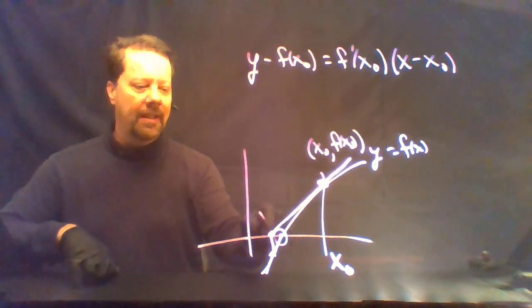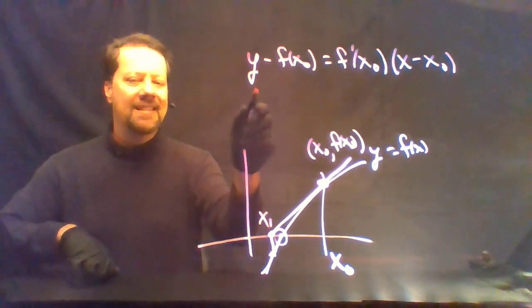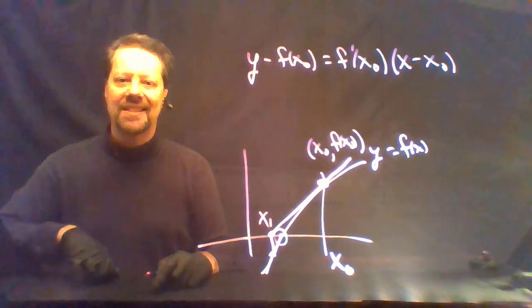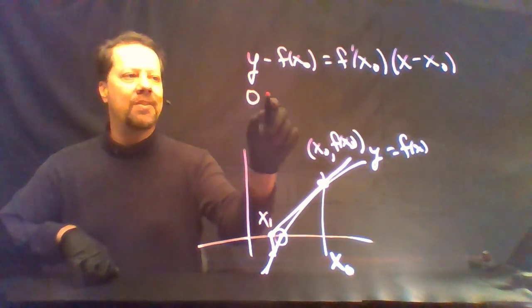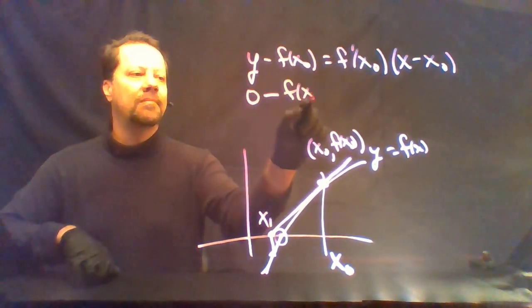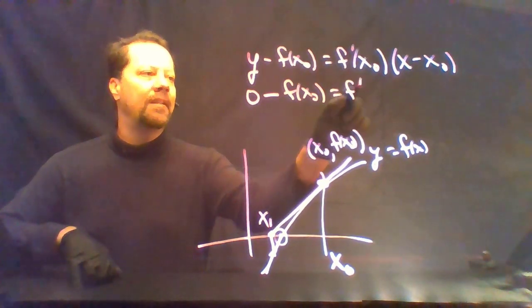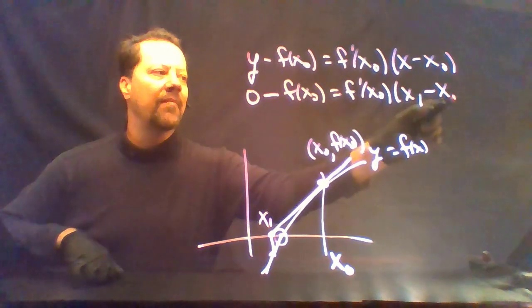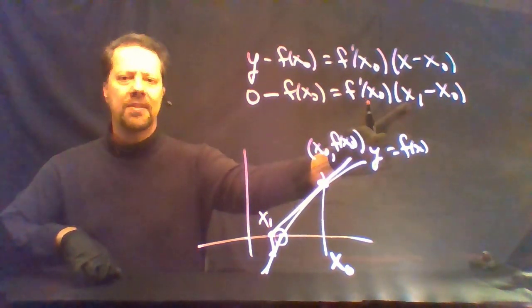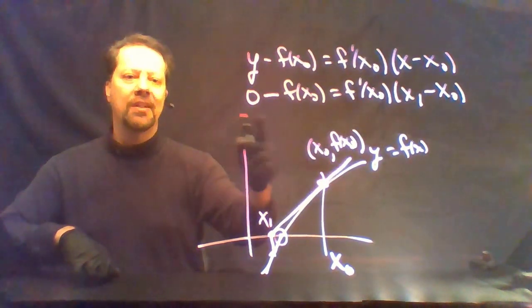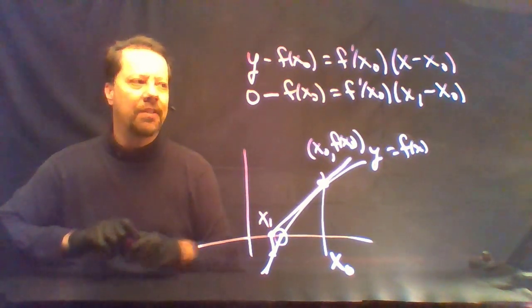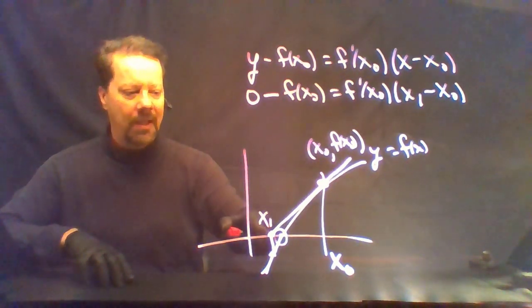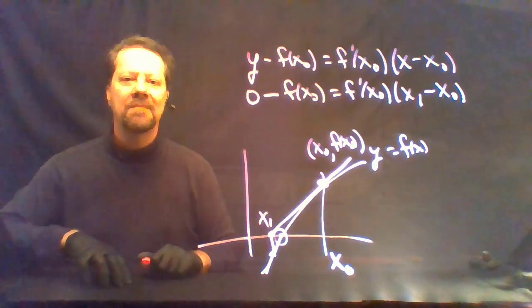The new point, x1, is going to be where this line crosses the x-axis. y is going to be 0 when x is going to be x1. This is the only unknown in this equation. We can solve this equation for the unknown point x1, which is going to be our new best guess.